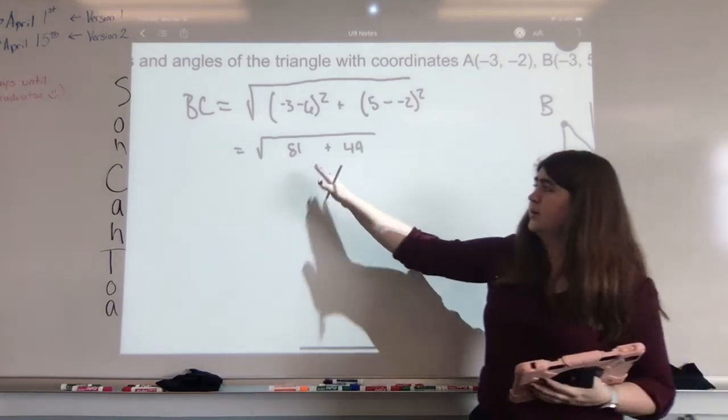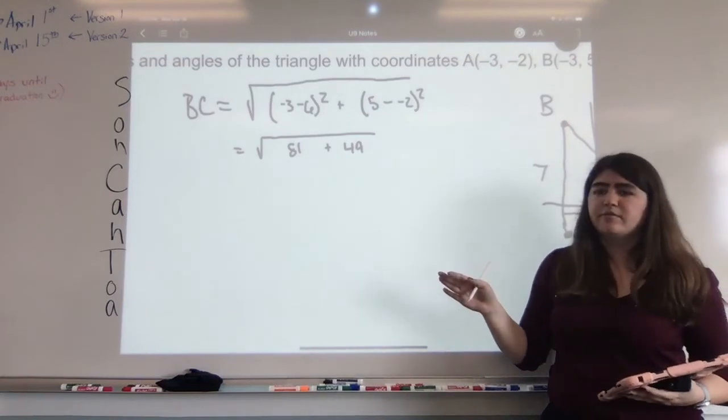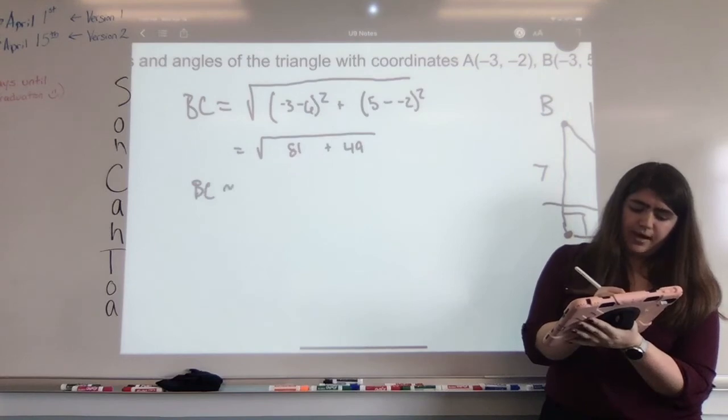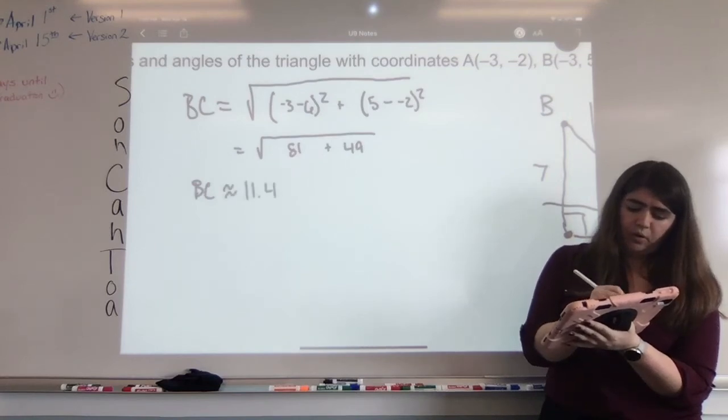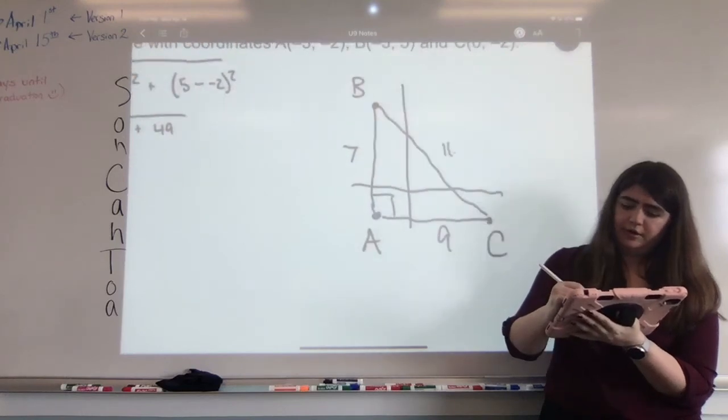So I have the square root of 81 plus 49, which when we calculate that out, gives me approximately 11.4. BC is approximately equal to 11.4. We'll put that down over here as well.